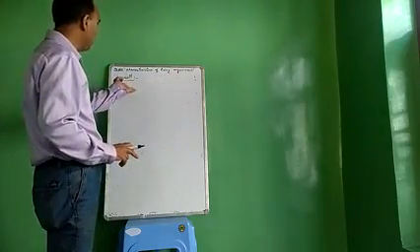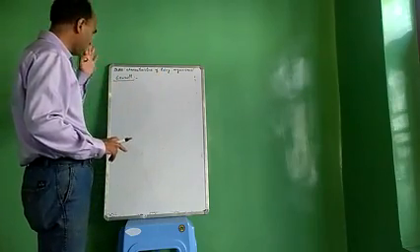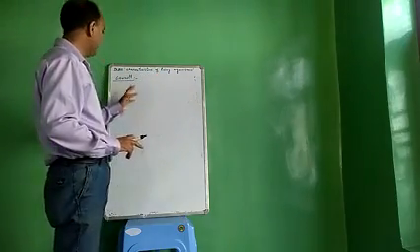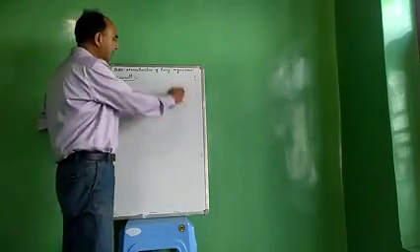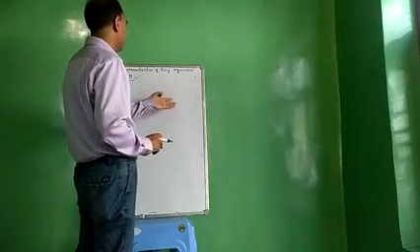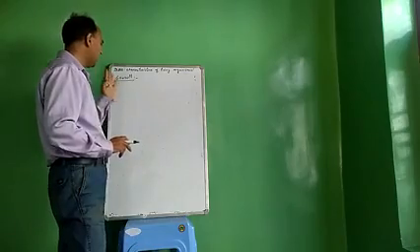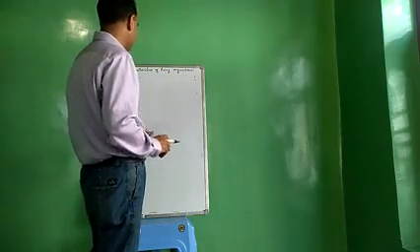Living things can move, non-living things cannot move. Living things respire by the process of respiration, non-living things cannot respire. Living things reproduce, and non-living things cannot reproduce. Living things are made up of cells, and non-living things are not made up of cells.